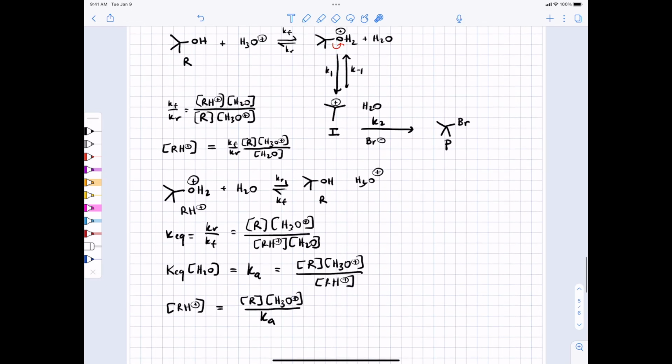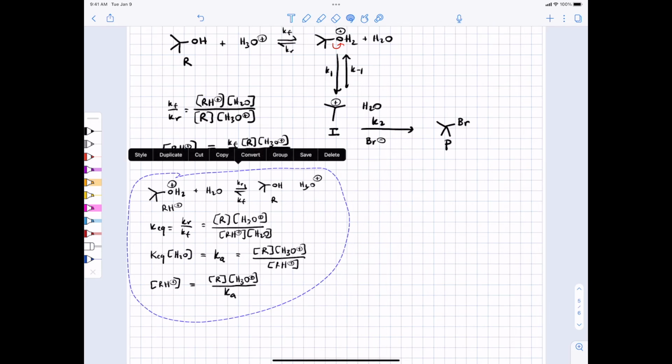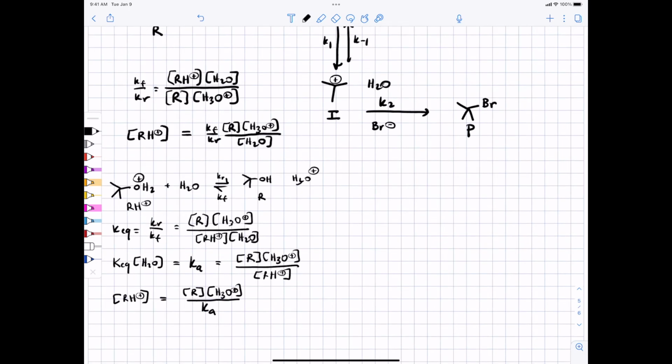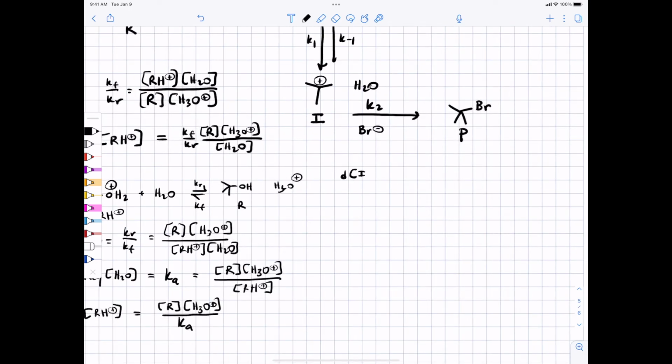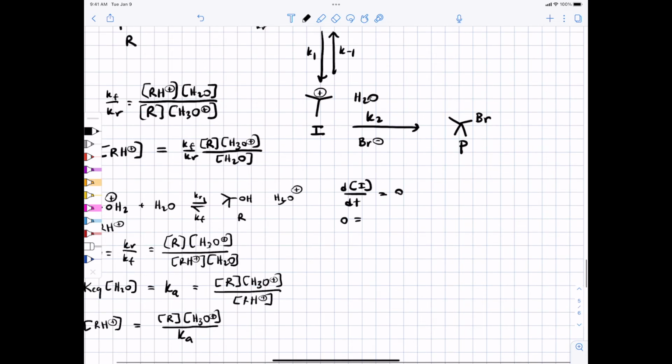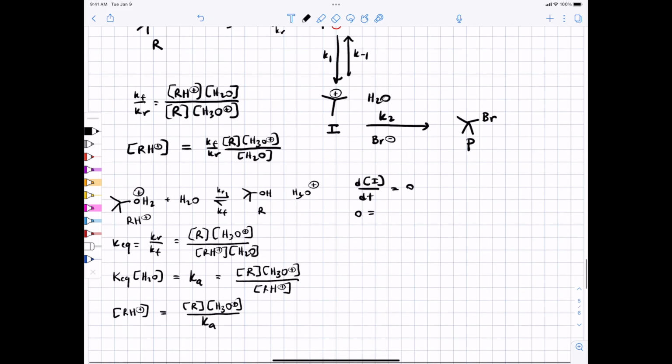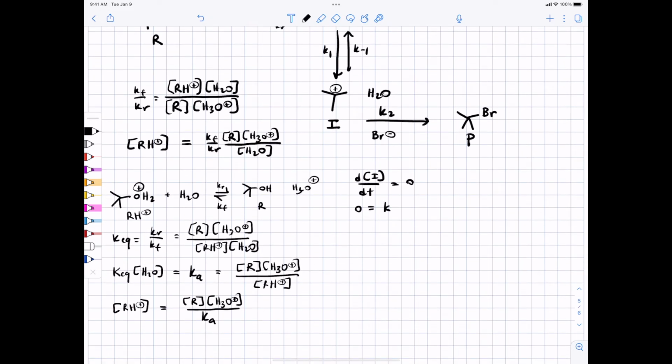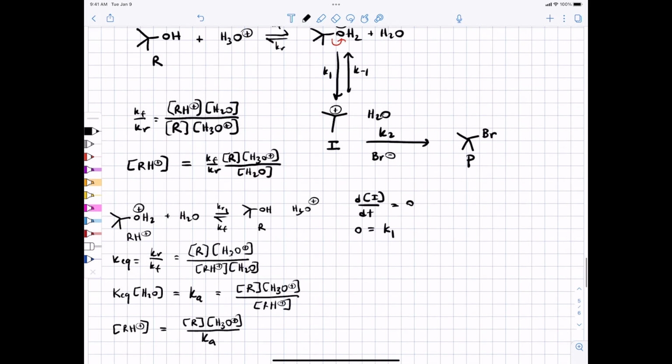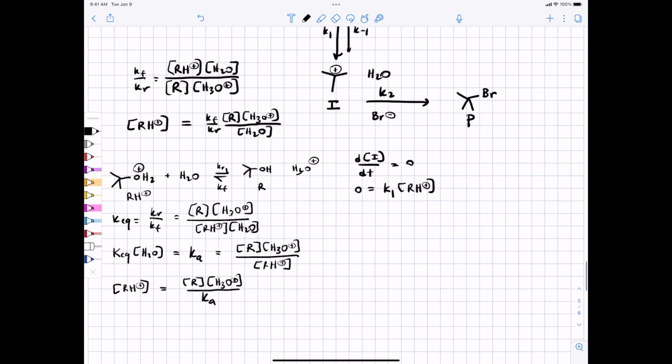From then on, we can do a steady state approximation based on our intermediate I. So again, we will say that dI/dt equals 0, or in other words, and now we need to talk about all of the things that lead to I. K1 times the concentration of RH plus leads to intermediate I.